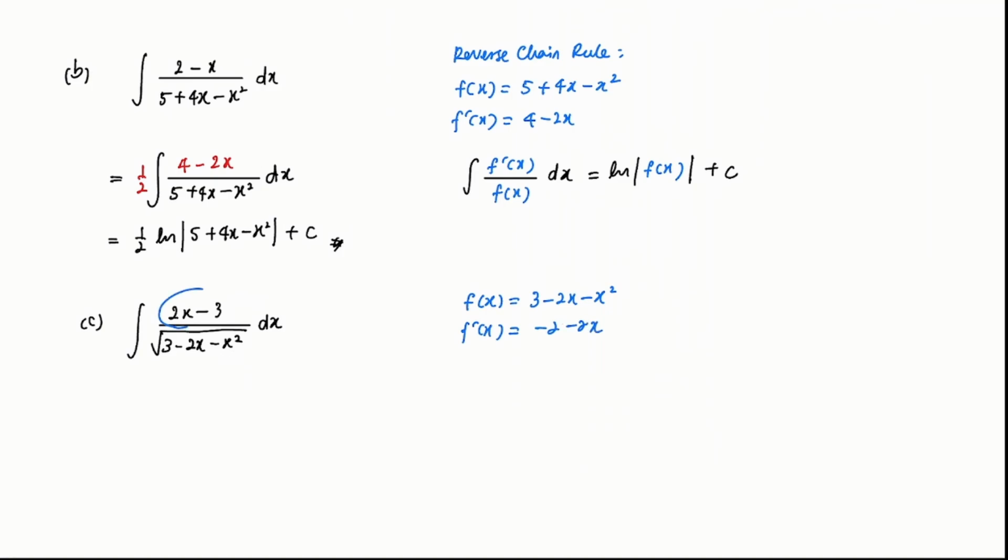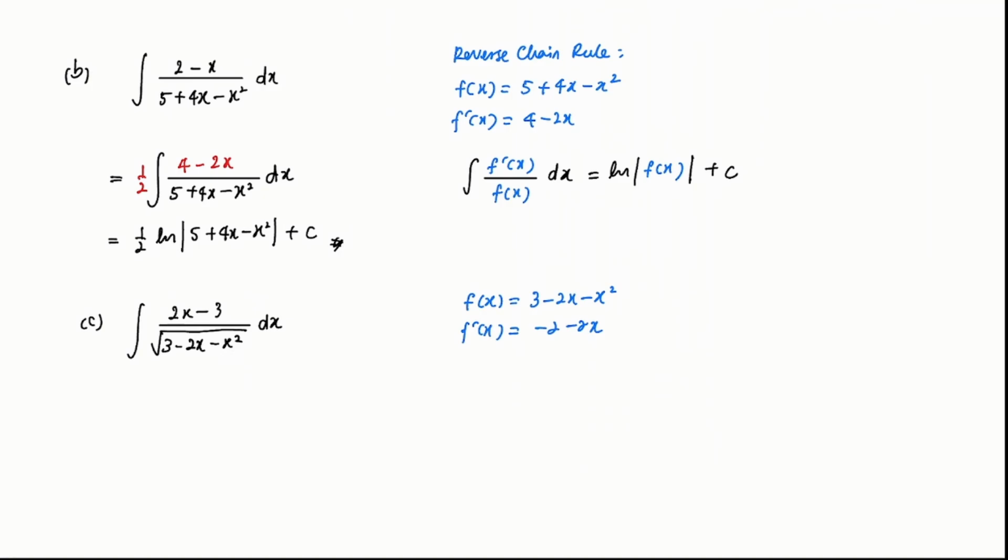However, this one is a positive 2x minus 3, but after some juggling, we can actually do something like this. So either you juggle, you add a positive negative with it, or you proceed to do the mapping method or the equivalence method.